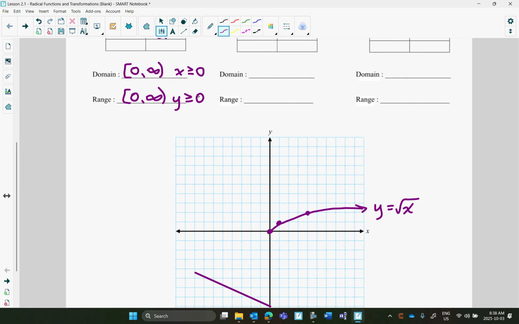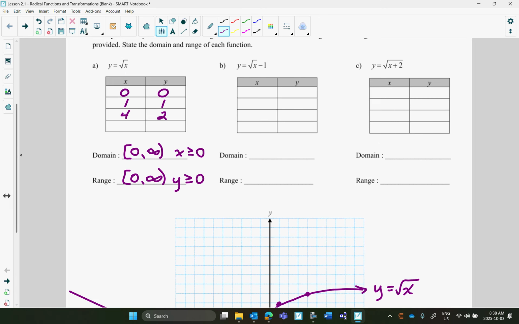Let's look at these next two. So I put a table, but we actually don't have to use it. Because if you think about it, just by looking at this, how would you graph it? Yeah, take this one and shift it 1 down. Okay, so it's y equals root x, moved 1 down. So we don't have to worry about doing a table of values.